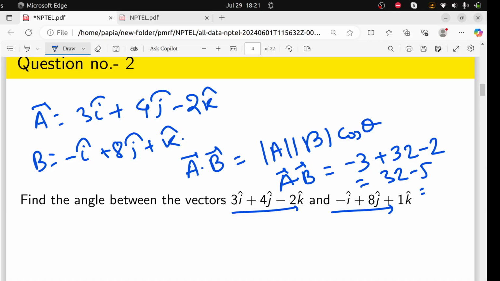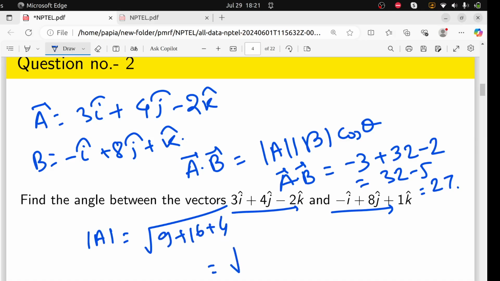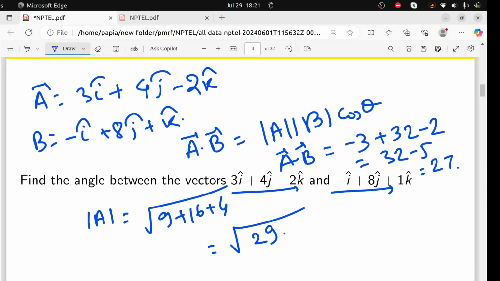So 27. Now as it is a non-zero value, we have to calculate mod A as well. So mod A is 9 plus 16 plus 4, so it is 29. And mod B is 1 plus 64 plus 1, so it is 66.